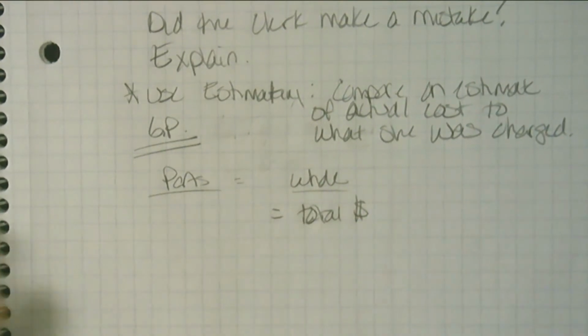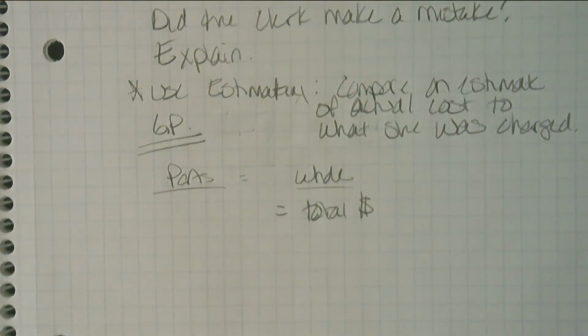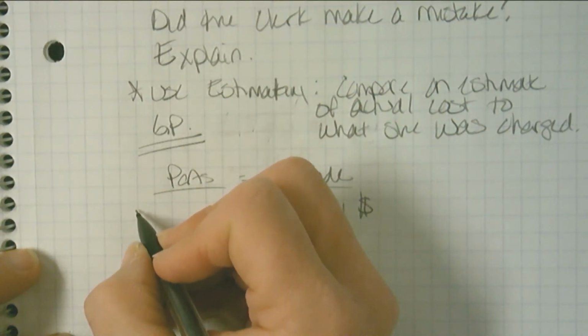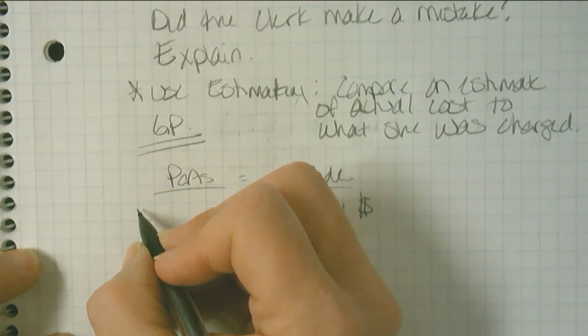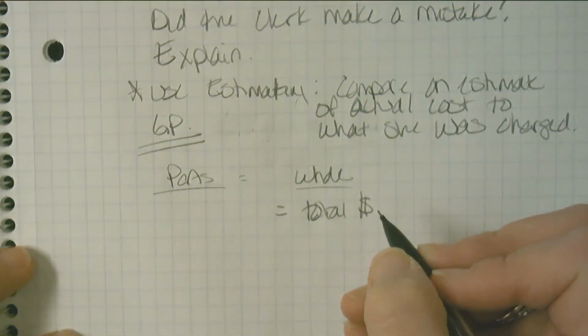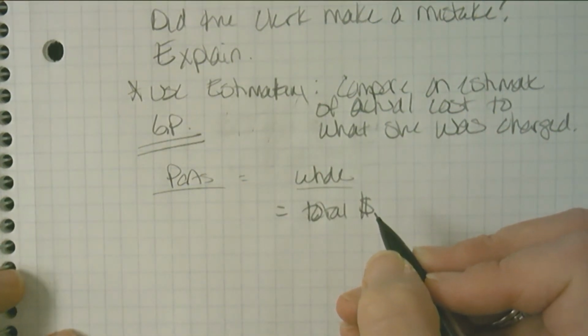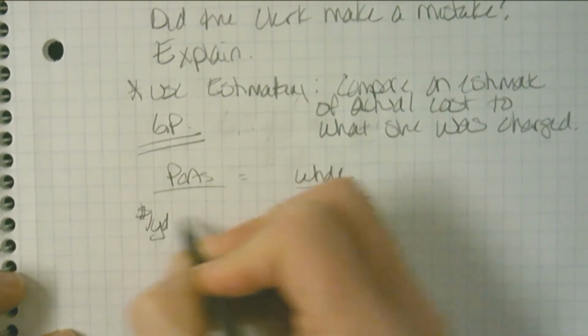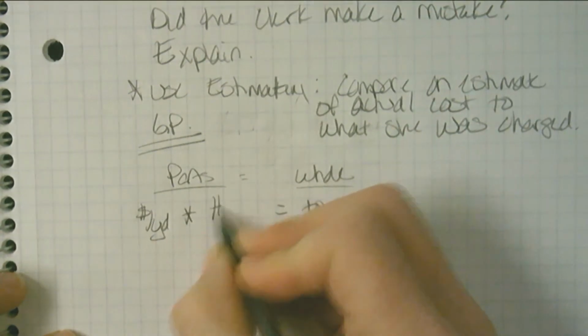How do I find my total cost? Excellent. Dollars per yard times my number of yards.